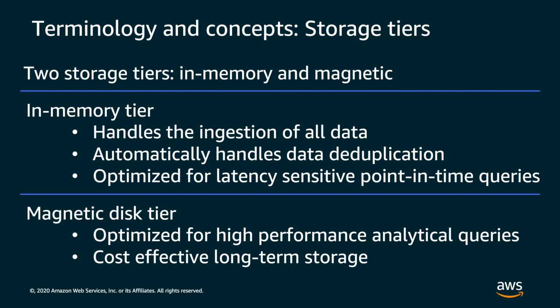Our magnetic tier is actually designed for high performance analytics queries, for maybe running reports and that sort of thing, whereas our in-memory tier is designed for that high throughput of ingestion, and it's also designed for narrow queries that are hitting and needing to extract slivers of data very quickly, or maybe even pulling data out and aggregating it and such. So maybe typical queries in there might be over the last 1 or 2 hours or something like that, where you're pulling out all these data points. Whereas, like I said, in the magnetic tier, you might have queries that are running month-over-month reports, for example.